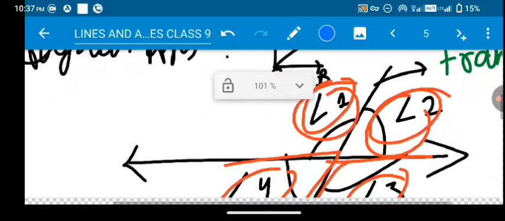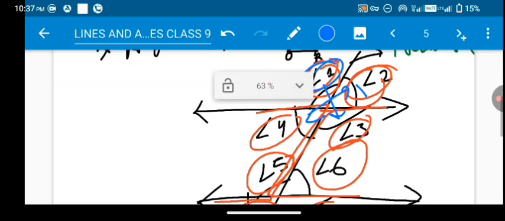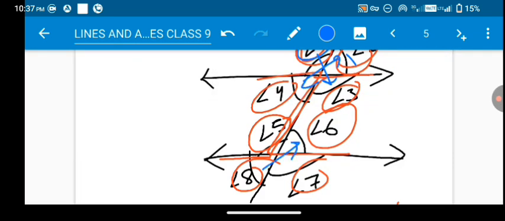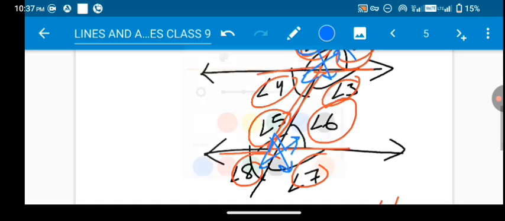Vertically opposite angles: angle 1 and angle 3, angle 2 and angle 4, angle 5 and angle 7, angle 6 and angle 8. What are the co-interior angles? Angle 4 and angle 5, angle 3 and angle 6 are the co-interior angles.